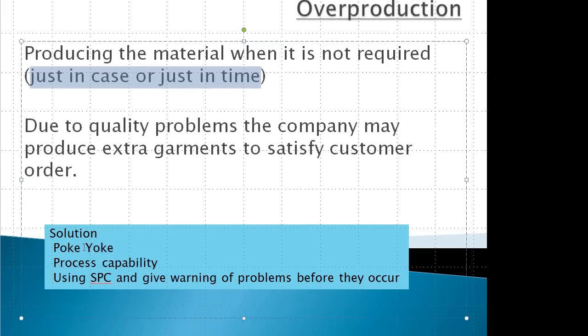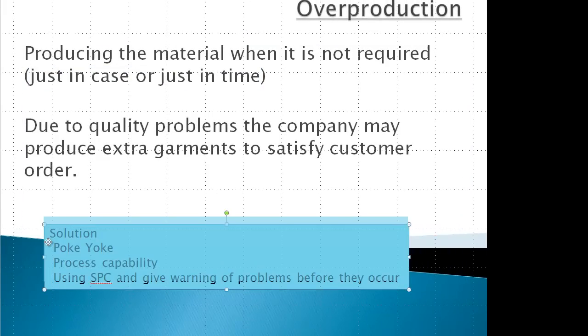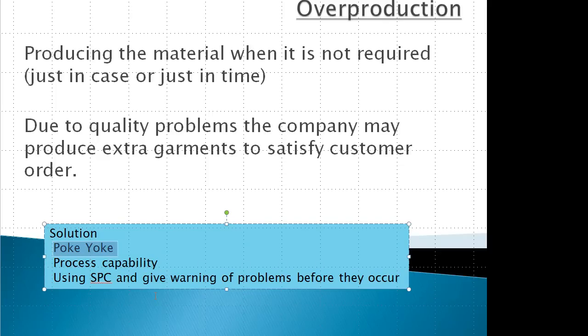So they introduce concepts like poka-yoke, which is Japanese for mistake proofing, and you'll see in the tutorials, we'll run through a YouTube clip on how they actually do that. Process capability is another thing they look at, to make sure that the machines are capable of producing the garments required, and that you don't have too many machines as well.